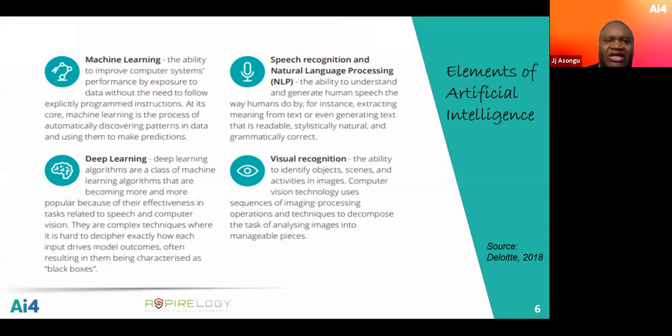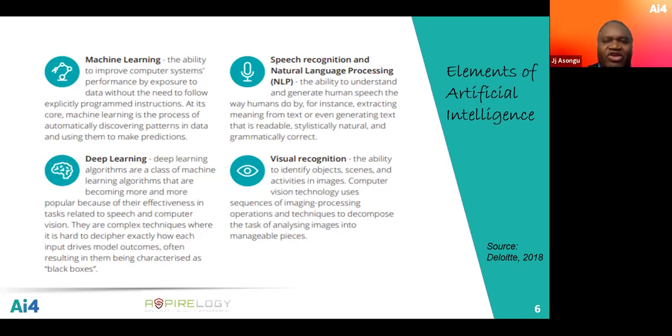We have talked about various concepts like machine learning, and machine learning is basically the ability to improve computer systems' performance by exposure to data without the need to follow explicitly programmed instructions. Another important concept when we are thinking about AI is speech recognition and natural language processing.